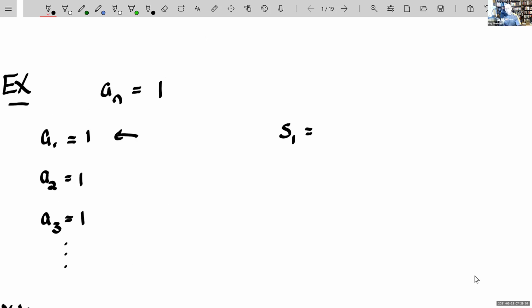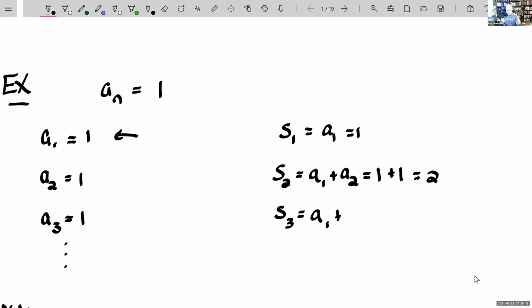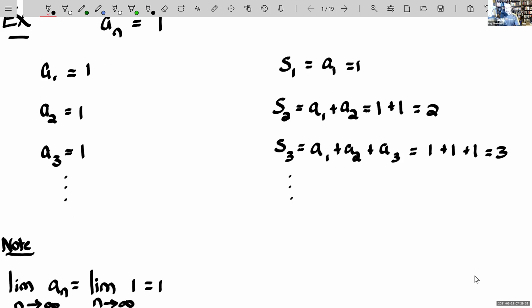So for example, S sub 1 is just the sum of the first term of our base sequence, which is 1. S sub 2 is the sum of the first two terms of our sequence, which is 1 plus 1. And S sub 3 is the sum of the first three terms. And you probably would get bored if I continued with that. So I'll just go ahead and say that's going to be 3. But you know the pattern, right? Dot, dot, dot. So S sub n is just going to be n.